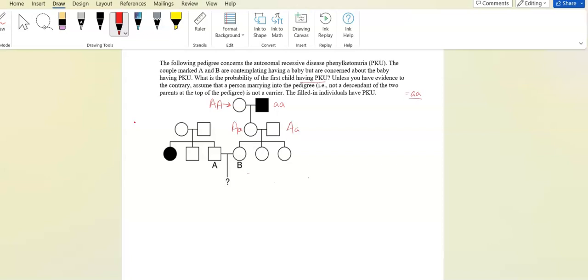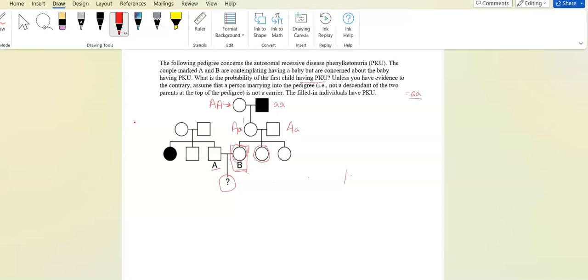So if we're trying to calculate the probability that this child of these two parents is going to have PKU, we have to look at the pedigree to figure that out. This one's easy, right? It's 100%. It's 1, and when you multiply 1 by anything, it's going to be 1. Now we have to figure out the probability that this offspring, this B, is going to be a carrier.